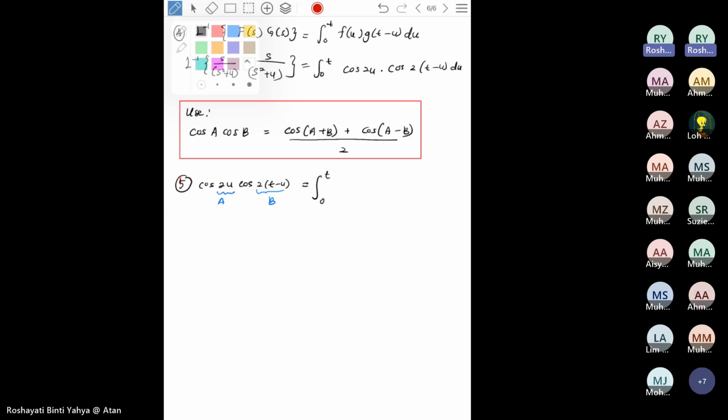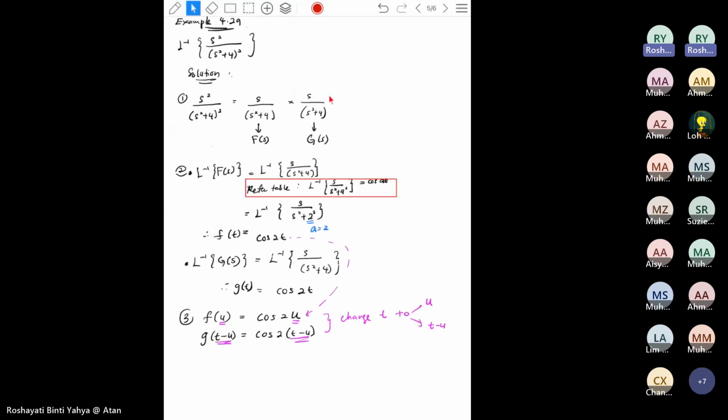Cosine ke cos? Kalau sin, ikut. Sebab saya rasa doktor, yang GS atas tu patutnya 1 over S, because we have S squared.